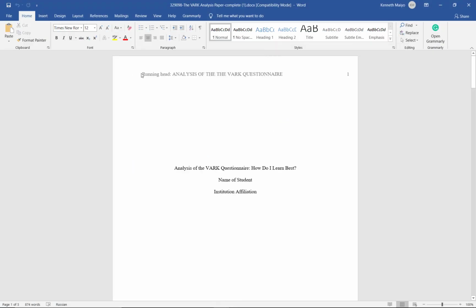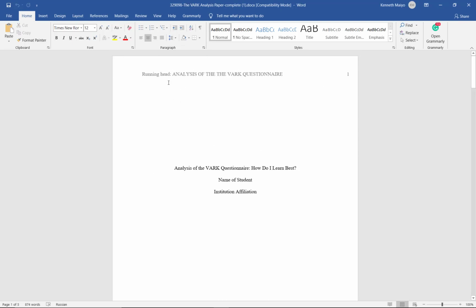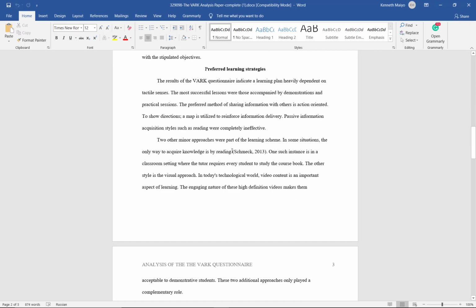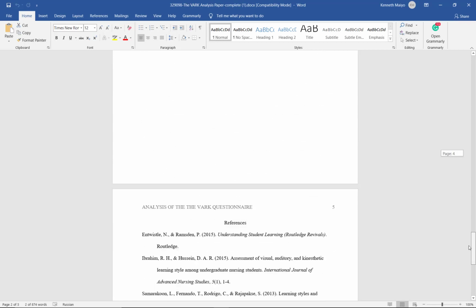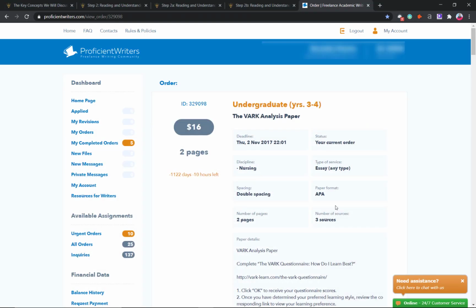So the APA formatting structure will, for example, tell you how to write this running header, how to space that, that you should have a title page, how much space to leave before the title page, how to do the in-text citation, like this is an in-text citation, and finally down here, how to create references. Don't worry, I'm not taking you fast, but we're going to deal with these in later sections, in later steps as we deal with the instructions of the paper.